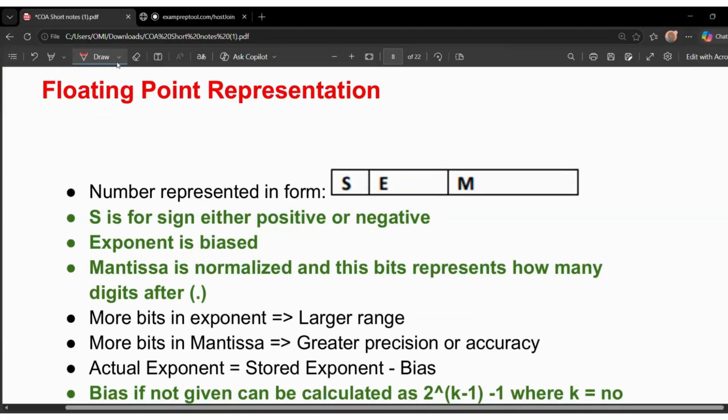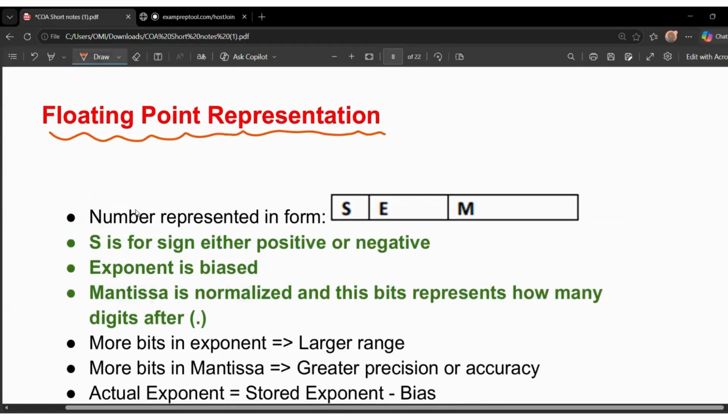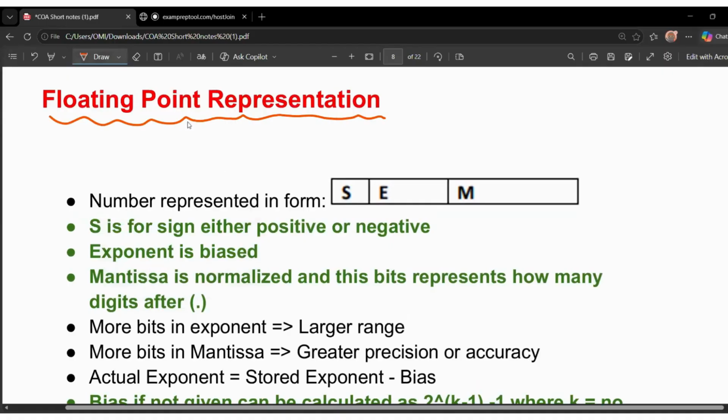Okay. So after the disk, we have seen in detail the floating point representation. The number is represented in this form like S, E, and M, right? S means sign, E means exponent, and M means mantissa.